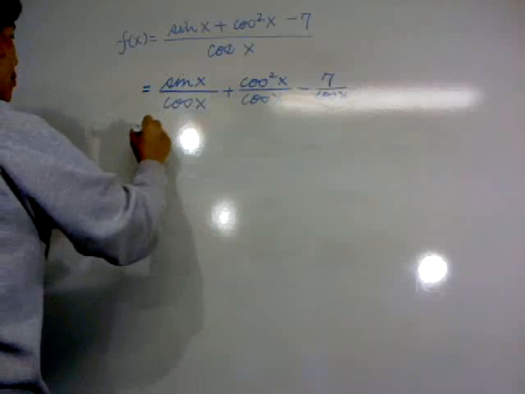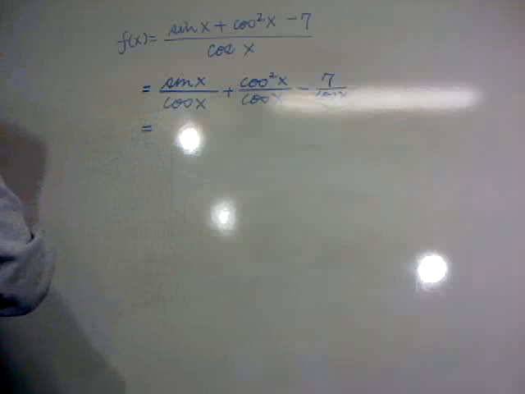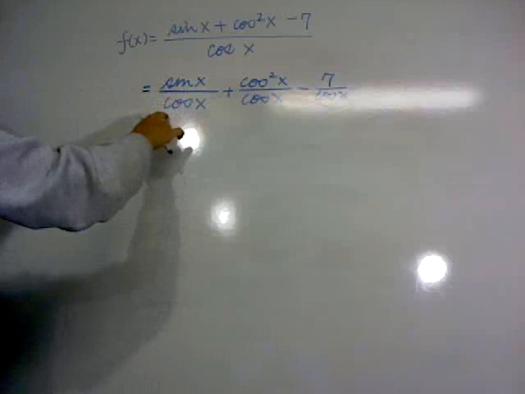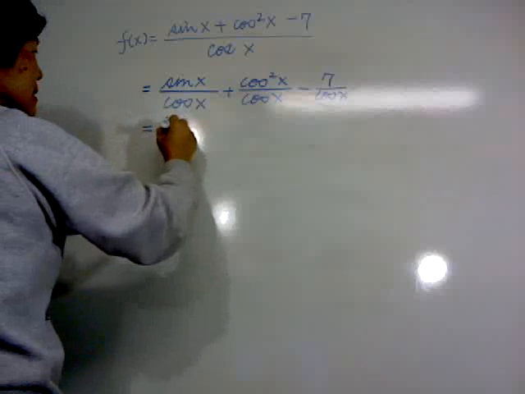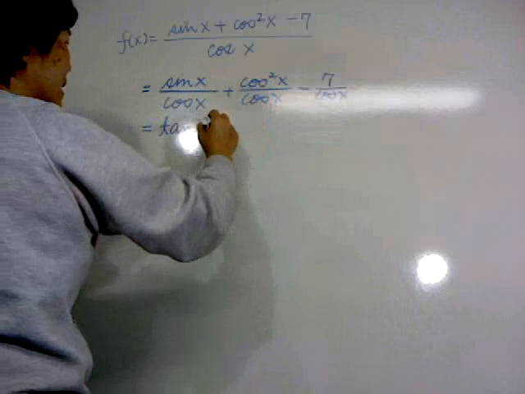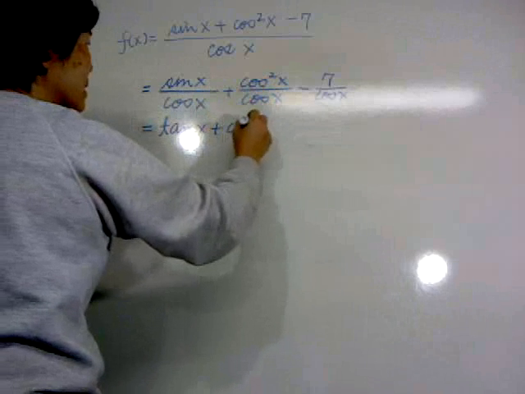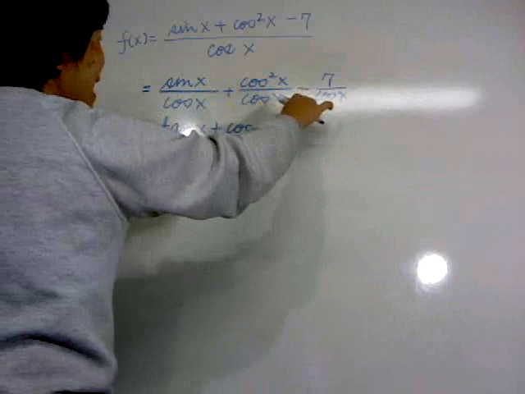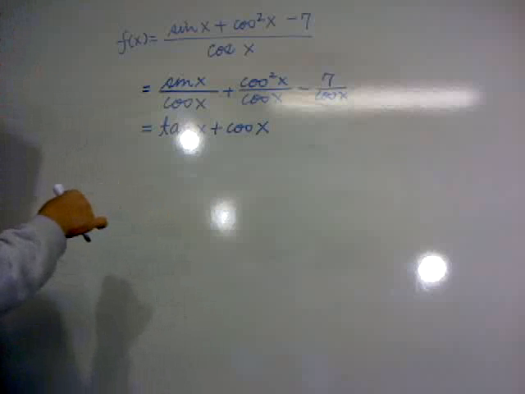Now your trig identities or trig formulas come in here. Sine x over cosine x, isn't this tangent x? Cosine squared x over cosine x is very simple. That is cosine x. Then the minus 7 over cosine x.